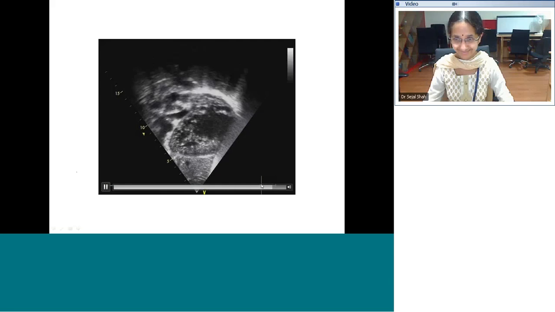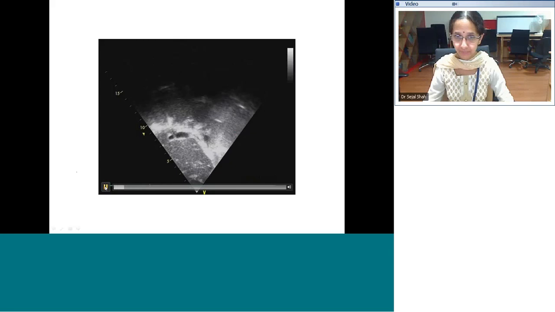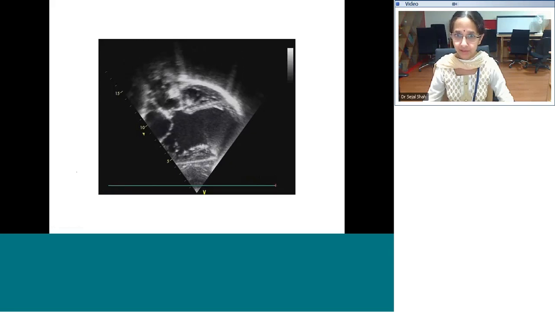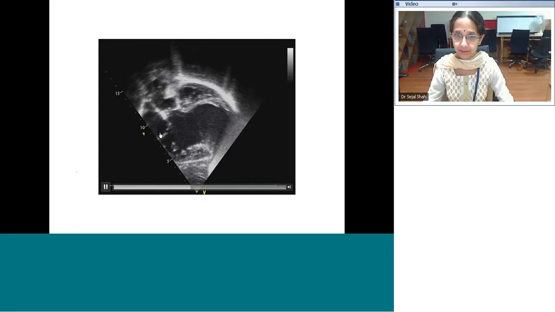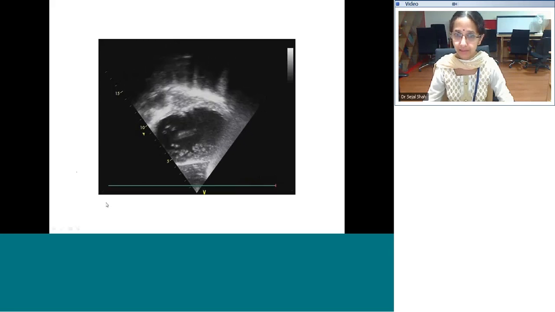Okay, so I get one answer: mitral atresia, hypoplastic left heart. What is against mitral atresia in this child? See, I'm very nicely showing you something here. The AV valve and the semilunar valve are continuous. So what does that mean?